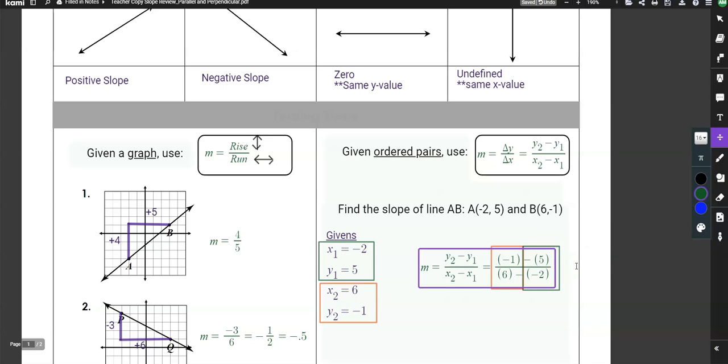Okay. Now we can just run this through a calculator. It will give us a fraction. But if we do this, we get negative 1 minus 5, which is negative 6. And then we get 6 minus negative 2, which is 8. And that's going to simplify to negative 3 over 4.